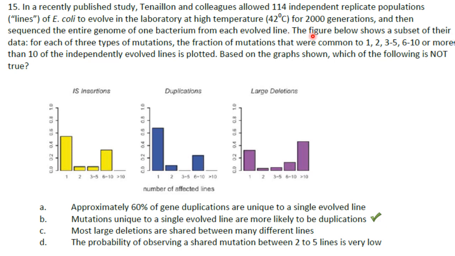The figure shows a subset of their data for each of the three types of mutations. The fraction of mutations that were common to 1, 2, 3, 5, 6 to 10 or more than 10 of the independently evolved lines is plotted. Based on the graphs shown, which of the following is not true?